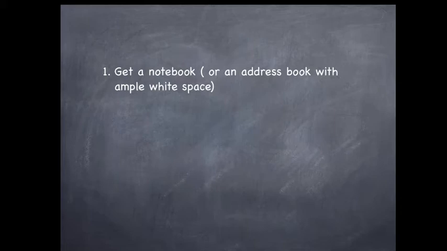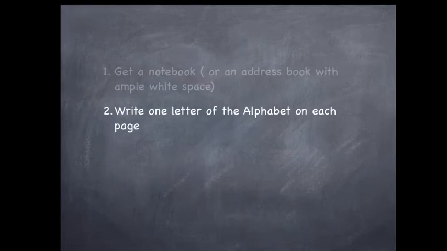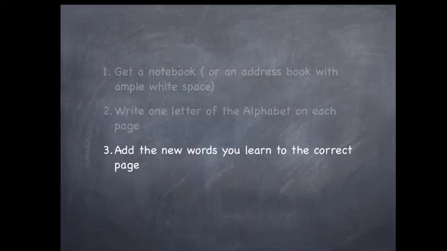First of all, get a notebook or an address book with ample white space. And then write one letter of the alphabet on each page. It's like a dictionary. I don't want you to create lists of words, but rather create a dictionary by writing one letter of the alphabet on each page of your notebook, and then add the new words you learned to the correct page, to the correct letter.